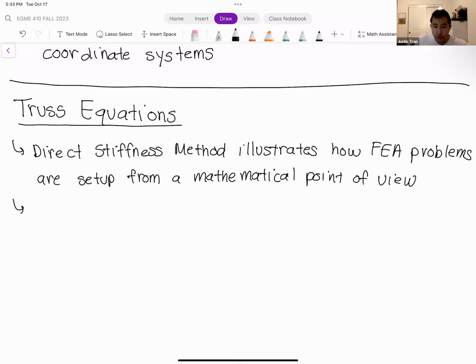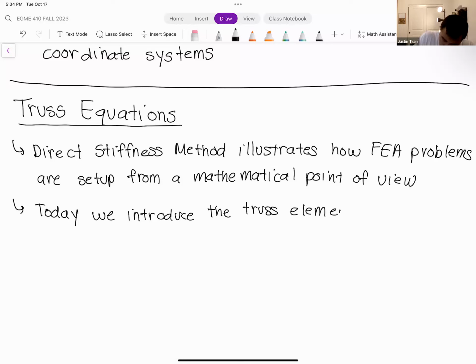Today we're introducing a new element type. All we've done so far are spring elements. Today we're going to introduce something called a truss element, which is basically a structural element that's long and slender.